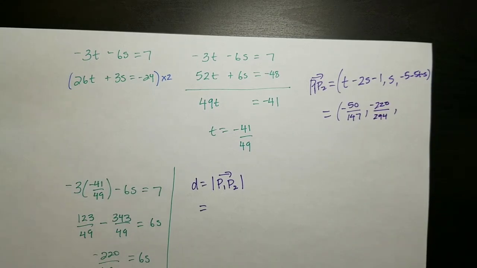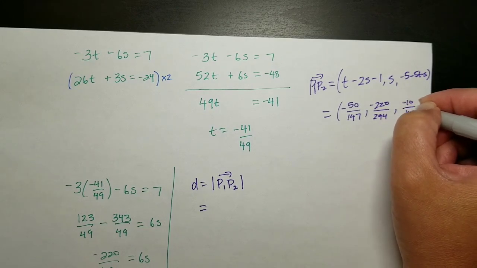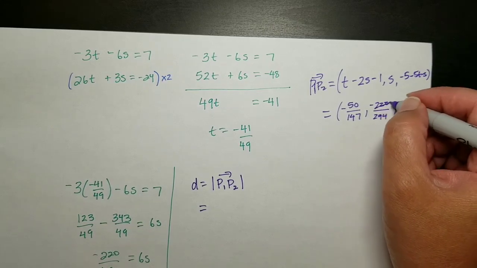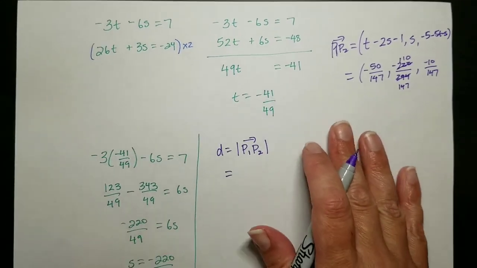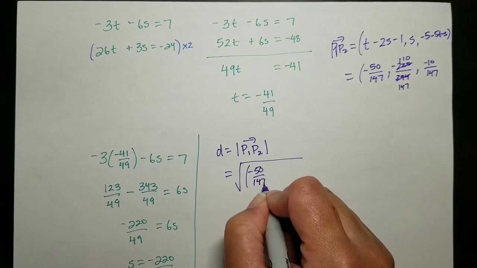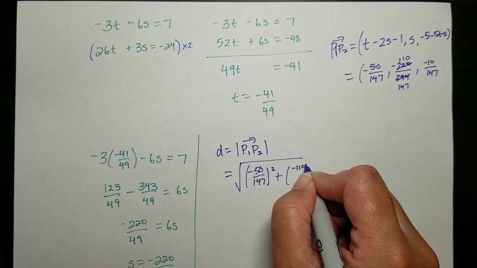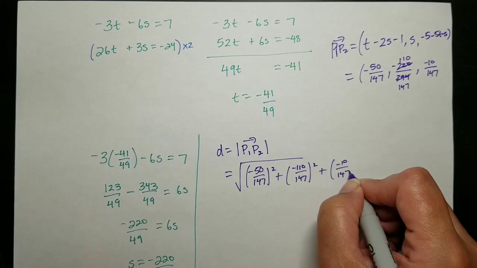And then this will be negative 10 over 147. So I think this is actually 110 over 147 there. And then the magnitude here will be the square root of all of this stuff. So negative 50 over 147 squared plus negative 110 over 147 squared plus negative 10 over 147 squared.